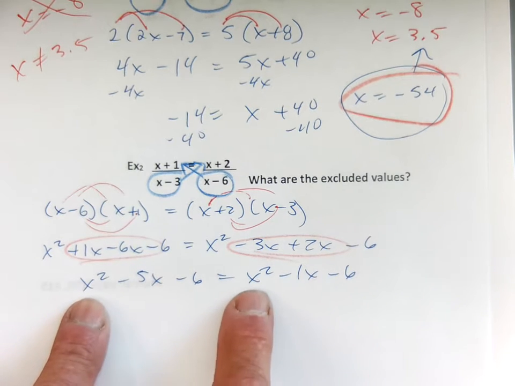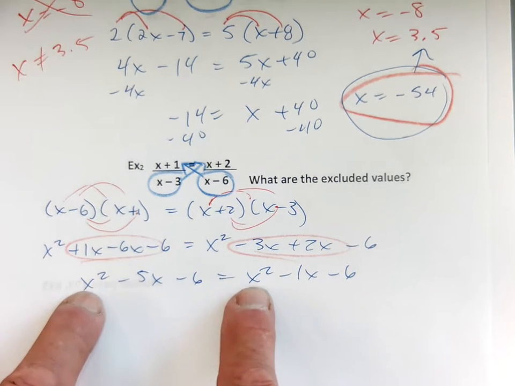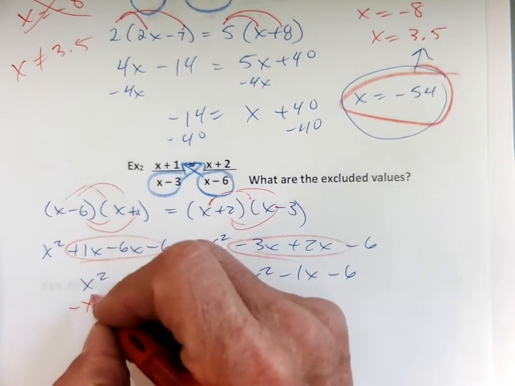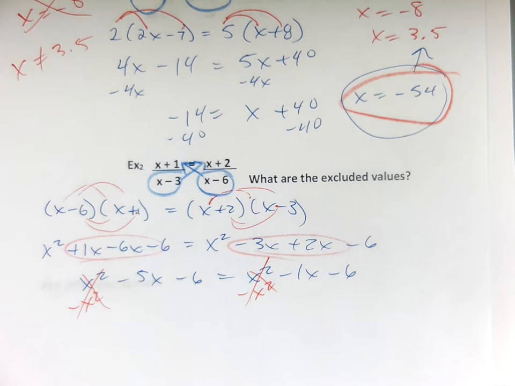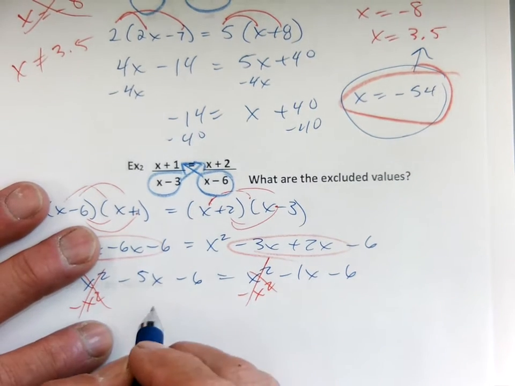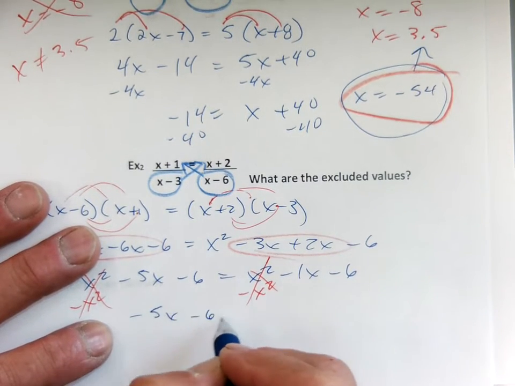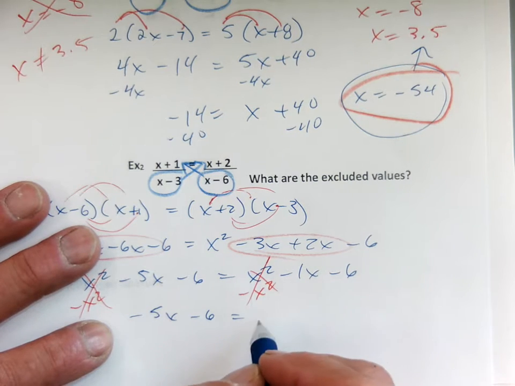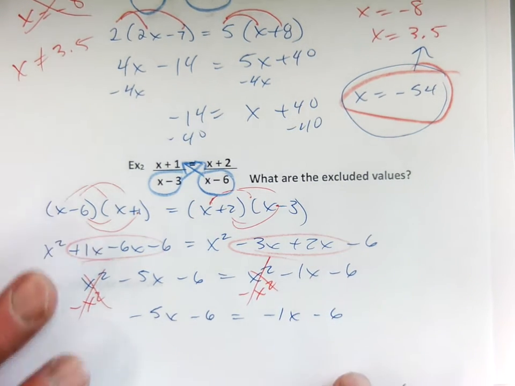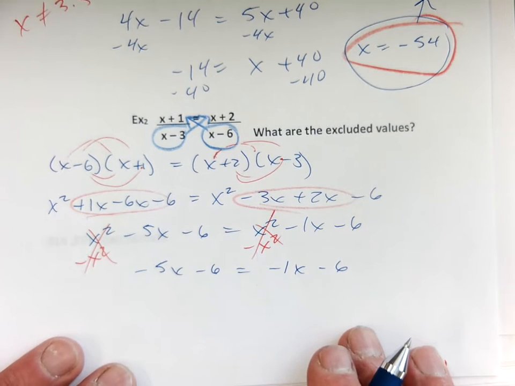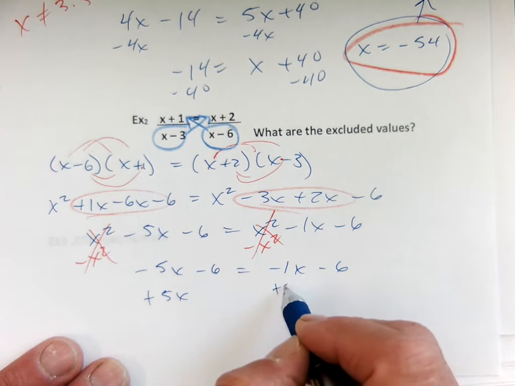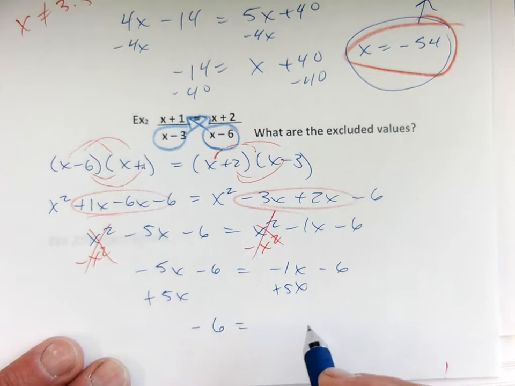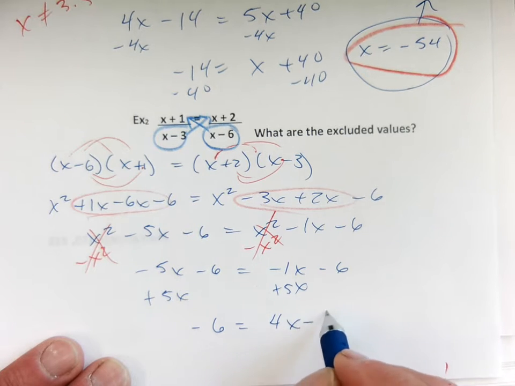I recognize x squared, which is nice. If I subtract x squared, my x squareds will cancel, and then I don't have to worry about factoring. It makes it pretty easy at this point. I'll have negative 5x minus 6 equals negative 1x minus 6. I'll go plus 5x, negative 6 equals 4x minus 6.